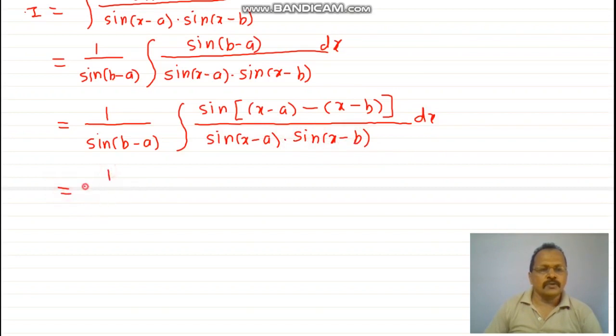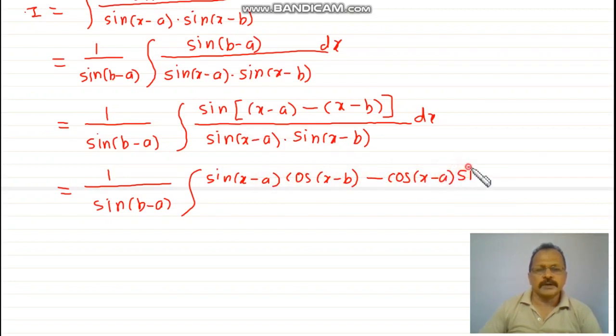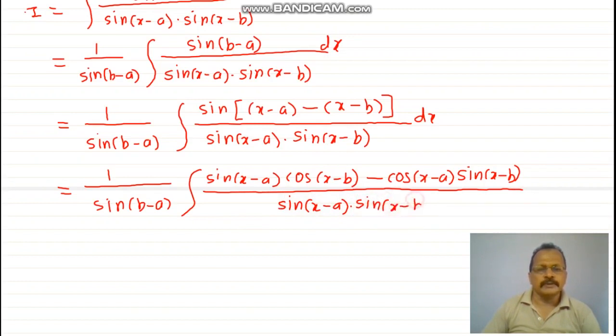This is equal to 1 upon sin(B minus A) integration of, use the formula of sin(A minus B), sin(x minus A) cos(x minus B) minus cos(x minus A) sin(x minus B), divided by sin(x minus A) into sin(x minus B) dx.